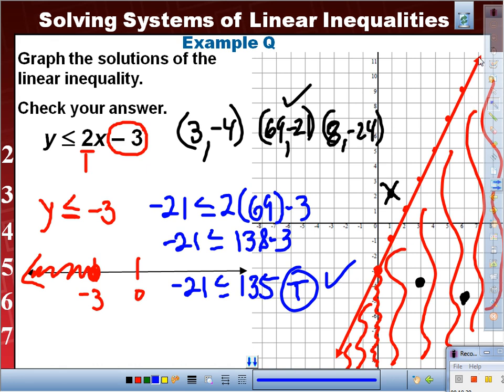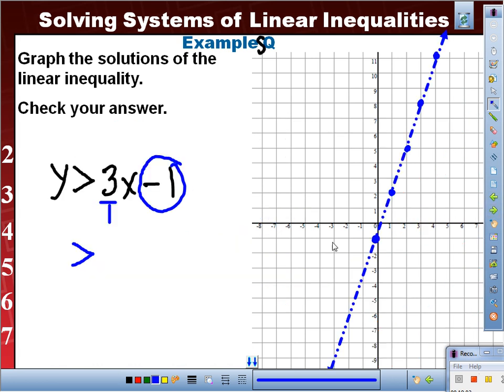That it's equal to, yes, but we can use part of the solution, all the points on the line. All right. Therefore, with that said, why can't we do this one solid, Mel? No equal to, so that means can we use any of the points on the line? No, the points on the line are not part of the solution. You understand the difference?